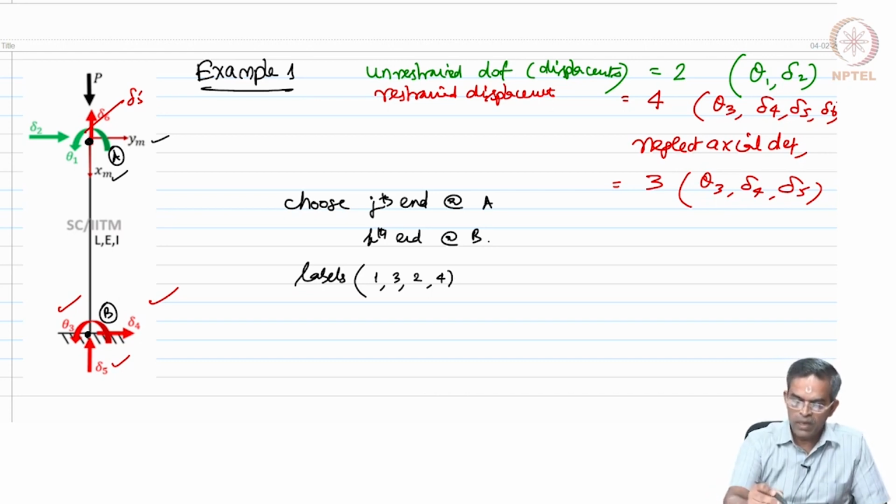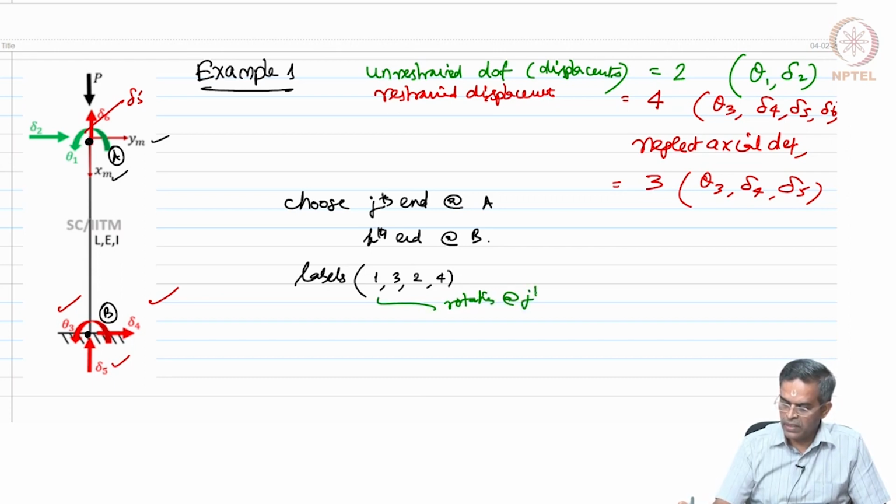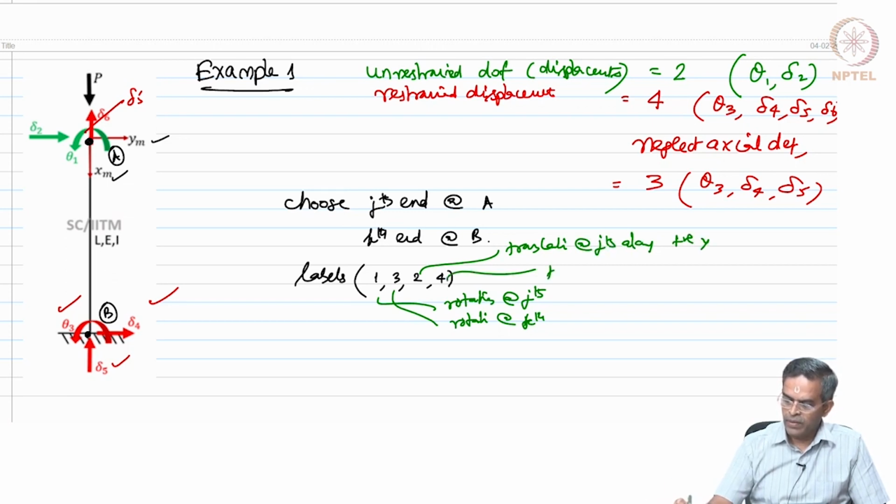How do you do that? I repeat again. Rotation at jth end, rotation at kth end, translation at jth end along positive y, translation at kth end along positive y.